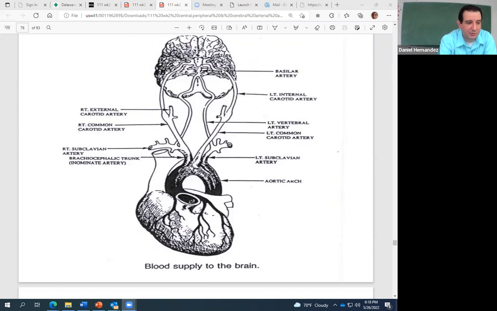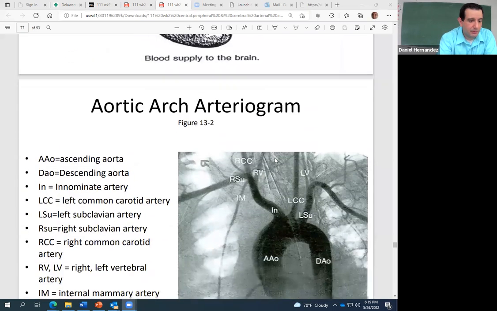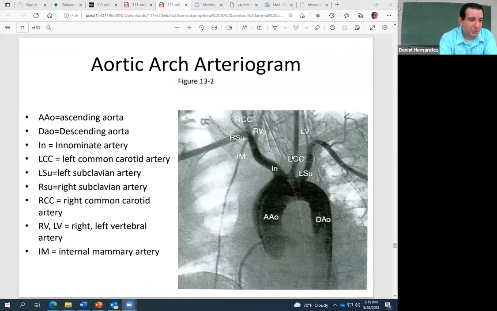This is the left internal carotid artery. The left subclavian has as its first branch the left vertebral artery, again bringing blood flow up to the brain. Those are all considered pathways for blood supply for the brain. This is an angiogram of the aortic arch and those branches.